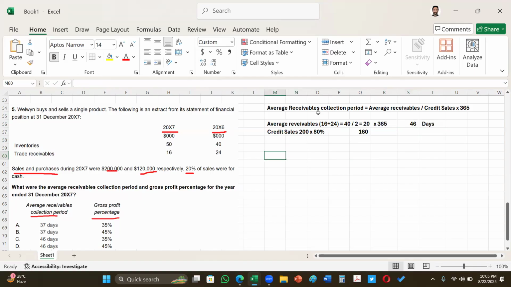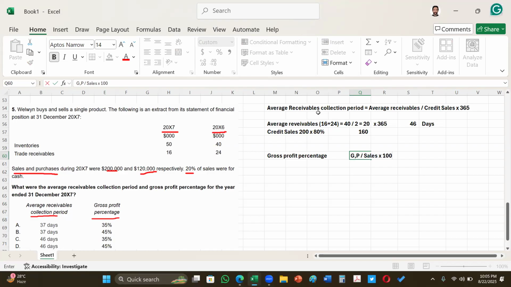Now I'll quickly move to the gross profit percentage. For the gross profit percentage, we need the GP, and we divide this by sales, multiply by 100. We already have the sales, but we do not have the gross profit. So what is GP?